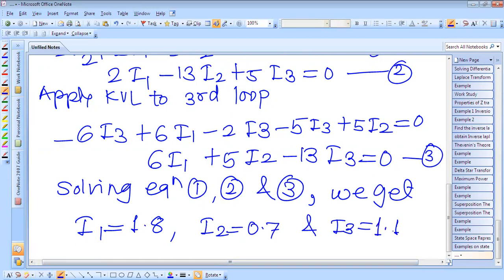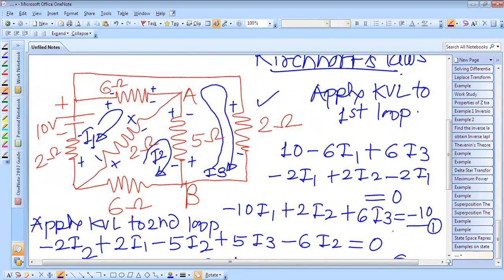Okay, so now we have got these 3 loop currents. What is the current flowing through the branch AB?